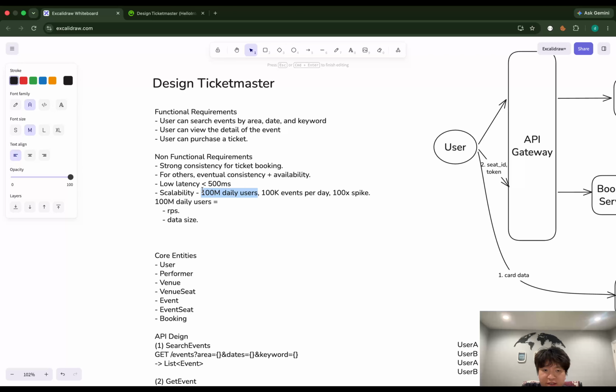So let's say there are 100 million daily users and 1 out of 10 makes the booking.